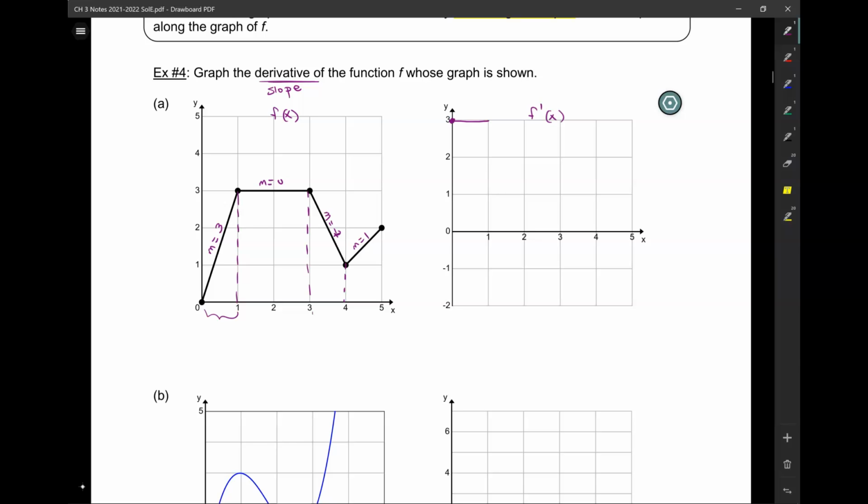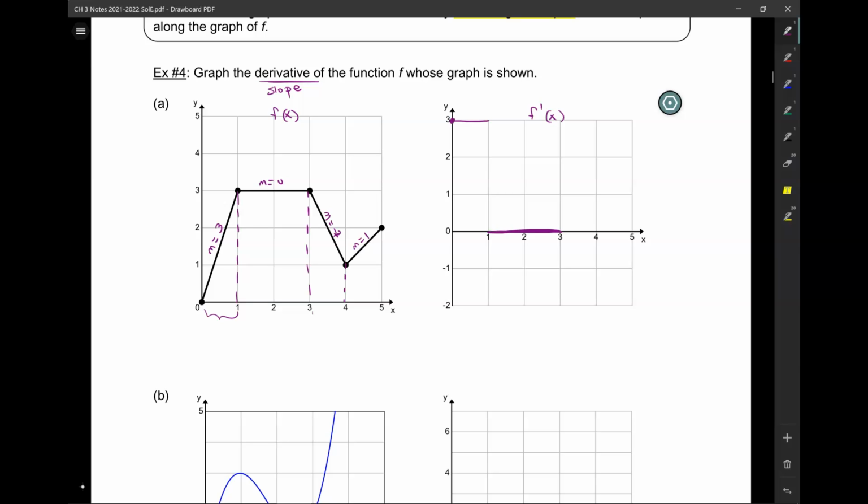Here, from 1 to 3, the slope is 0. Let's look at the boundary. Here, at that corner, immediately to the left, the slope is one thing. Immediately to the right, the slope is another thing. There is a little bit of a discrepancy, a discontinuity, if you like, in the derivative there, in the slope.